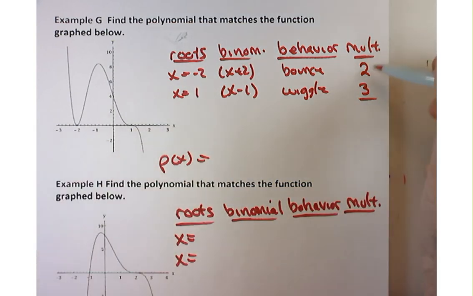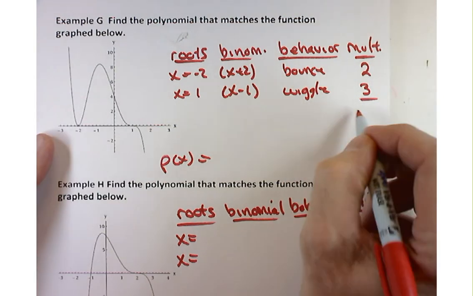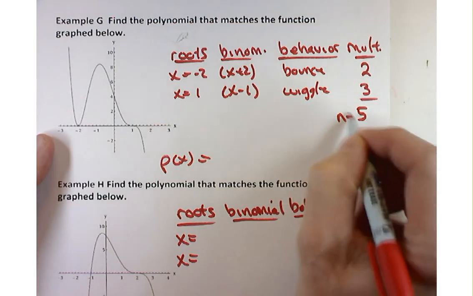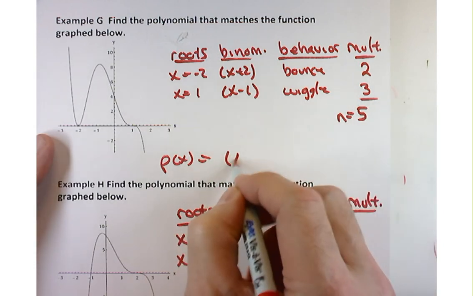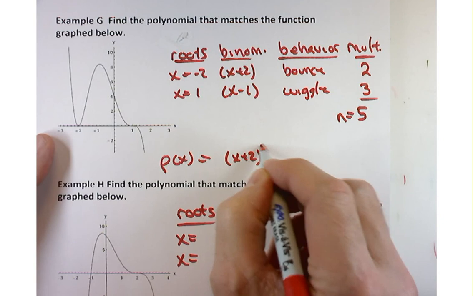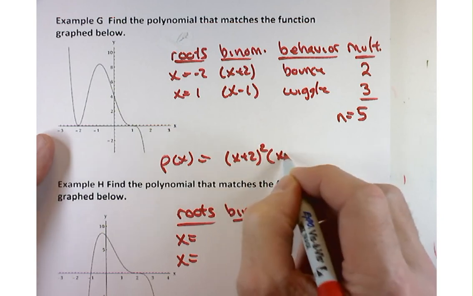Now, it could be 4, 6, 8, or whatever, but generally we go with the lowest number that we can. Overall, we have a degree of n equal 5 here, and that makes sense when we put this together. X plus 2 squared times x minus 1 cubed.